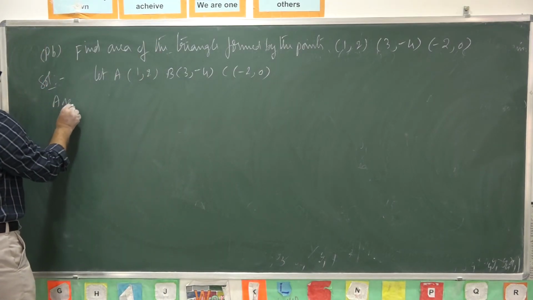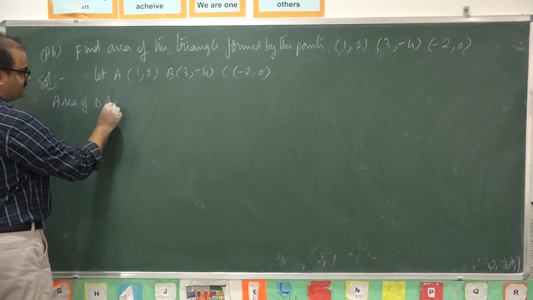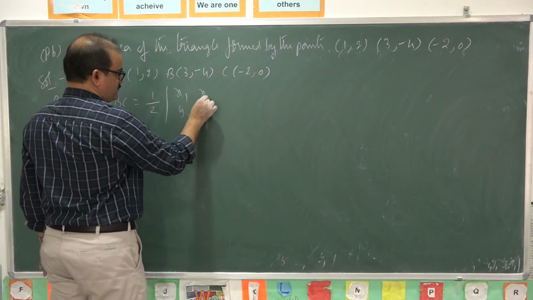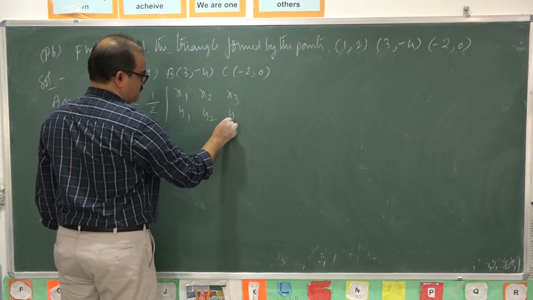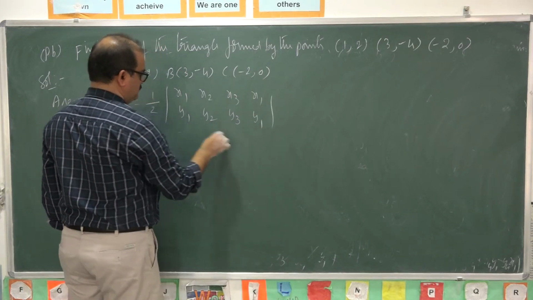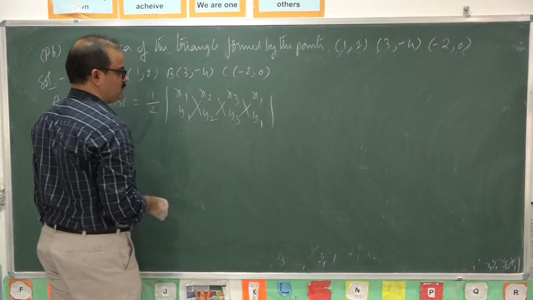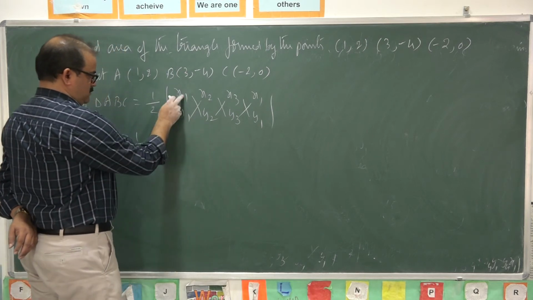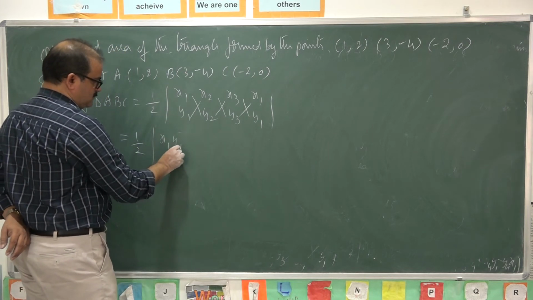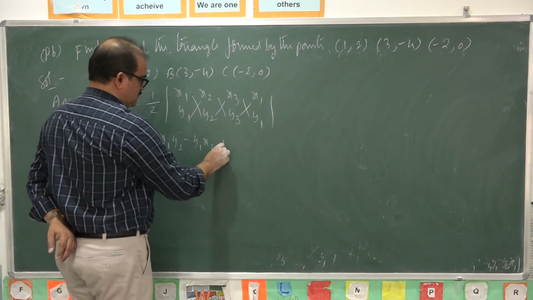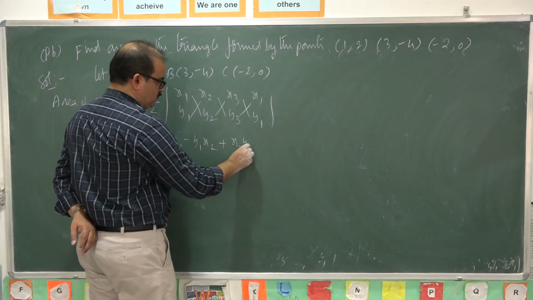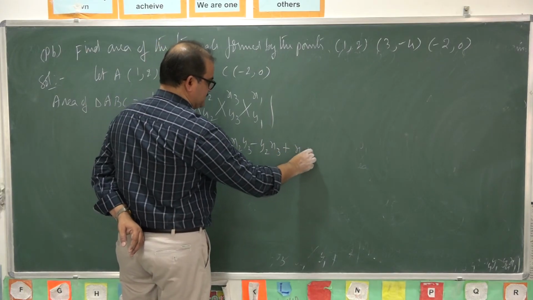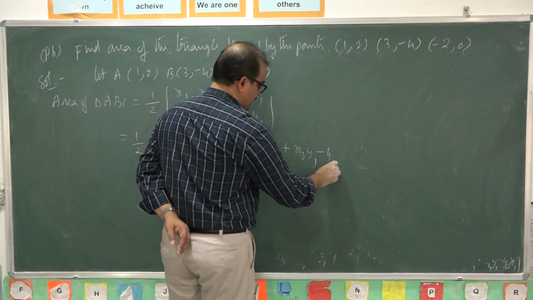We know that area of triangle ABC is equal to 1 by 2 into x1 into y2 minus y1 into x2 plus x2 into y3 minus y2 into x3 plus x3 into y1 minus y3 into x1.